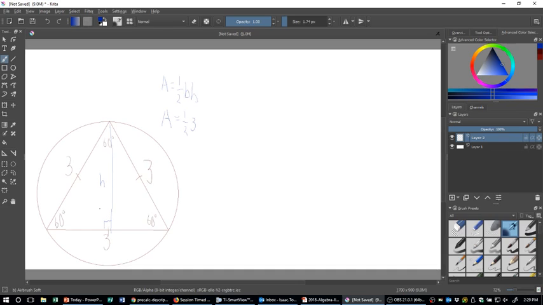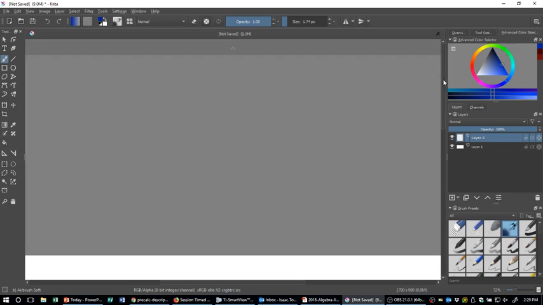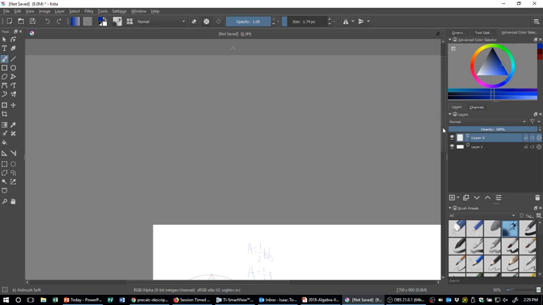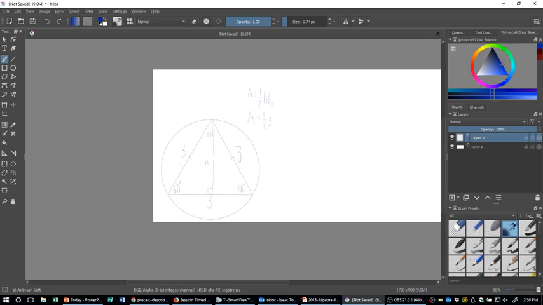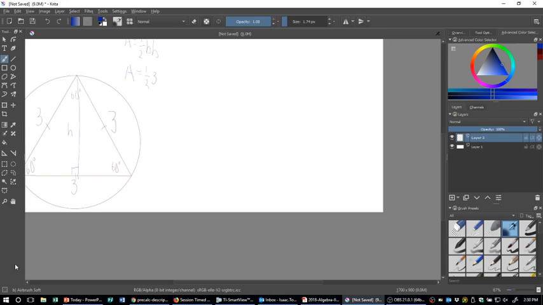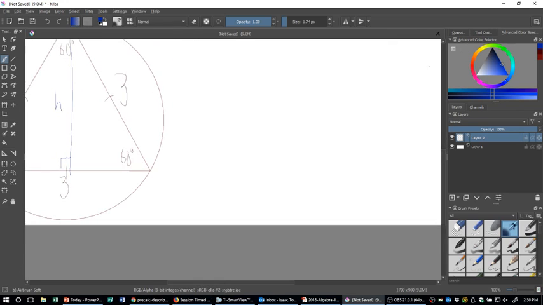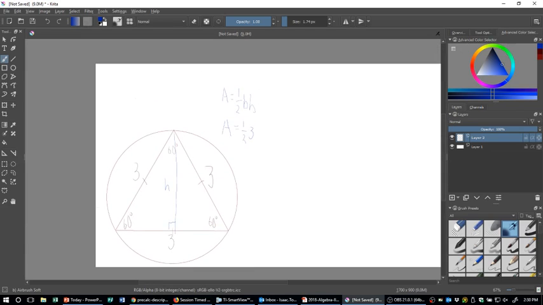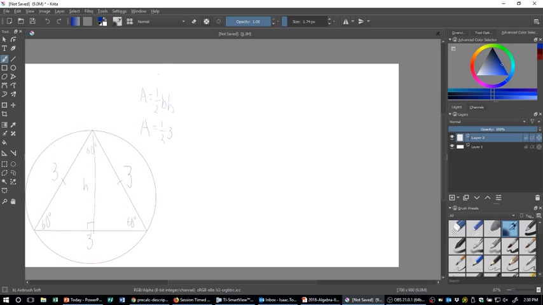So looking at either the left half or the right half of this, I'll use the left half, I can say from 60 degrees, I'd like to find the opposite length. That's going to be the height, when I know the adjacent length.